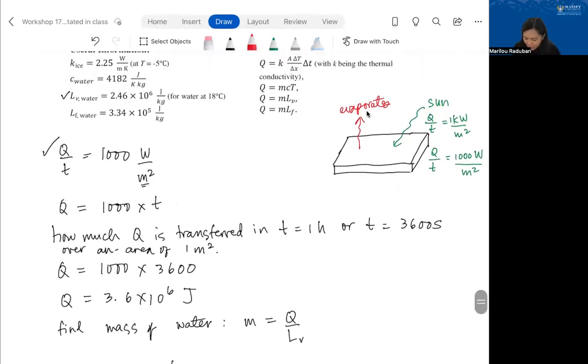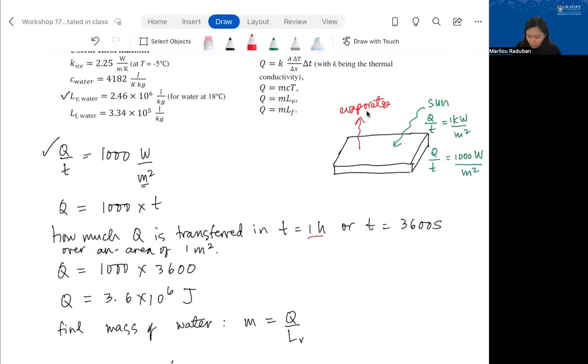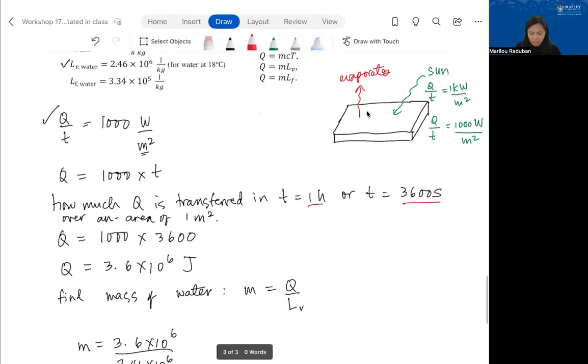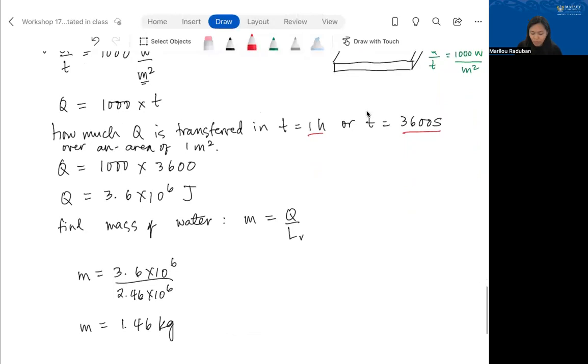The scenario is the sun imparts heat on the surface at a rate of 1,000 joules every second. So over the duration of 1 hour, or 3,600 seconds, the amount of heat transferred by the sun is 3.6 times 10 to the 6 joules. And this heat is used to evaporate the water in the pond.